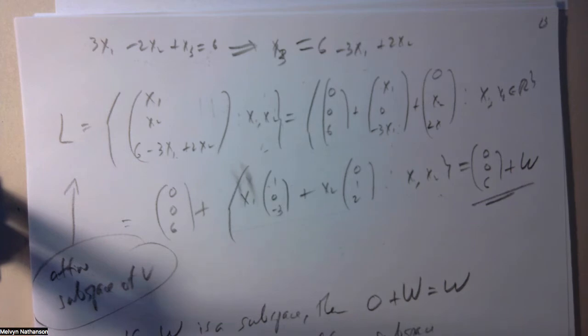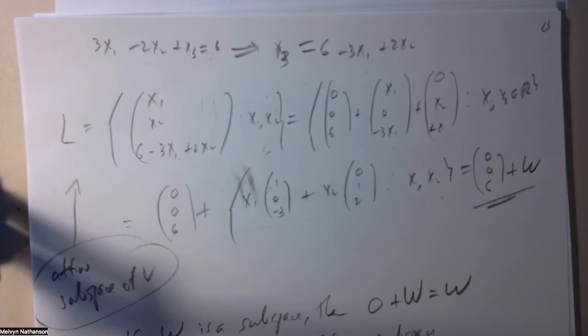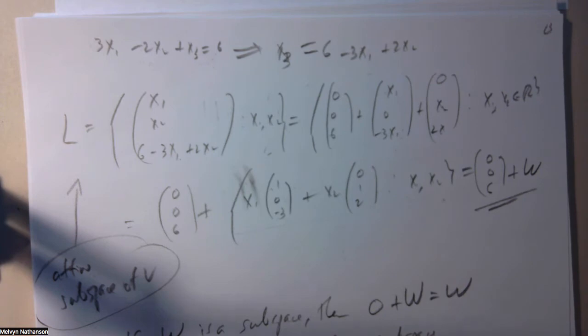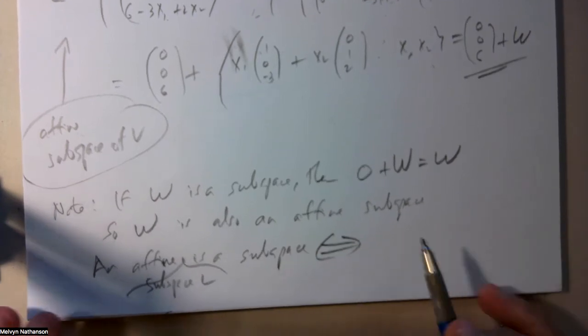And we can observe that an affine subspace L is a subspace if and only if the 0 vector is in L. If your affine subspace is a subspace, of course, it must contain 0 because every subspace must contain 0.